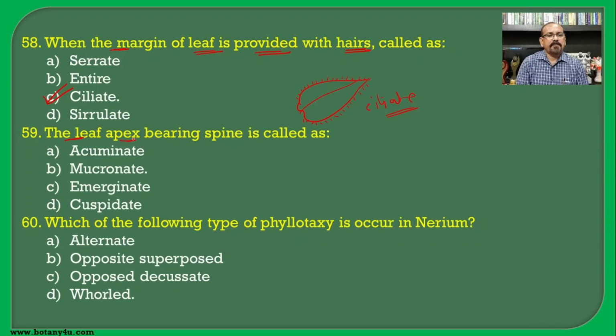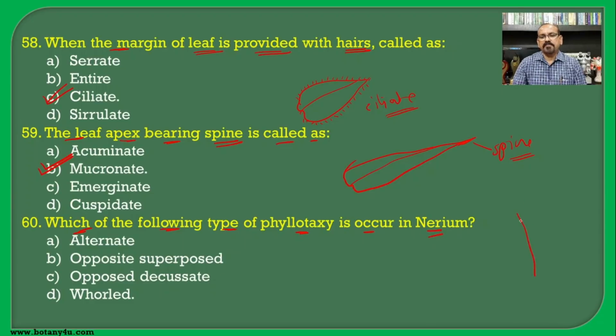The leaf apex bearing spine is called as. In some leaves, very specifically in the monocots like the palm, here at the apex it ends into the stiff spine. So such a type of the apex which ends into the stiff spine, that is known as the mucronate type of the apex. Then which of the following types of the phyllotaxy occurs in Nerium?